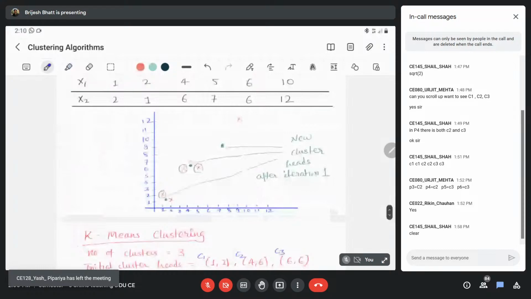Now, if we talk about the k-medoid algorithm, can you tell me where the algorithm would differ from k-means? The process will be the same for k-medoid. The only change is that instead of calculating the new cluster head as some point which is not part of the data, the new cluster heads are also from the data.